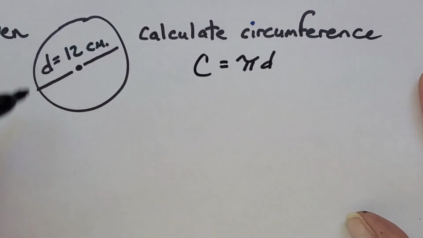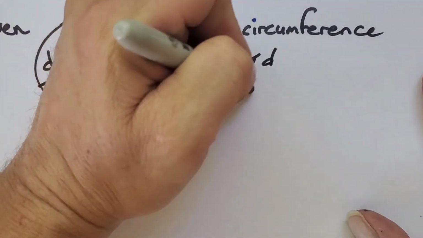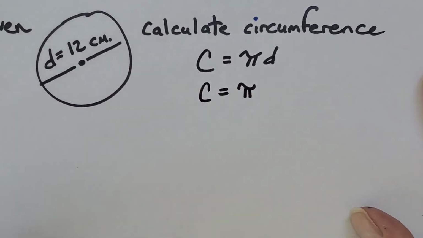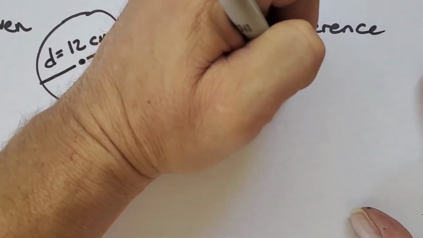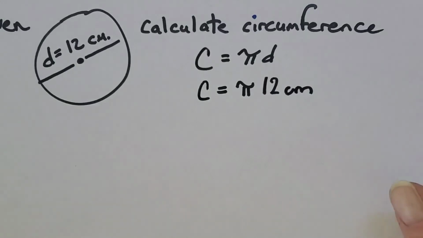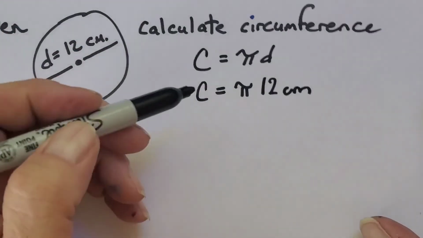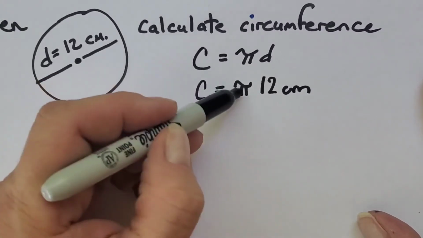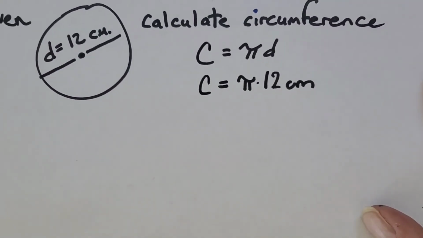I'm going to then substitute the values. Well, we don't know what the circumference is. We do know that pi is pi, so leave it as pi. And then we do know that the diameter is 12 centimeters. If you look at the formula, it basically tells you what to do to find the circumference. It says circumference will equal pi times 12.